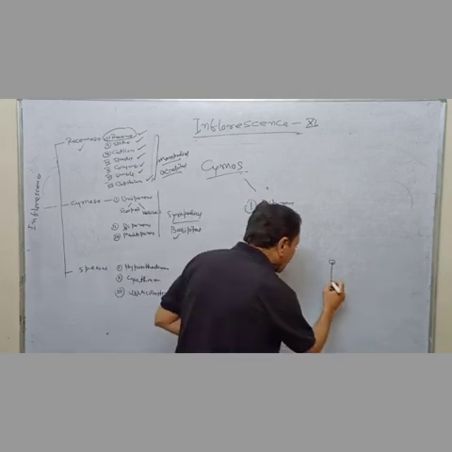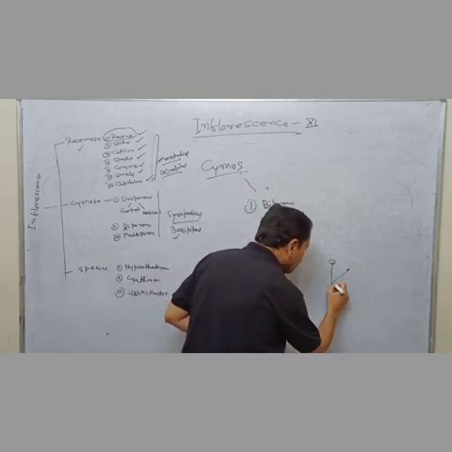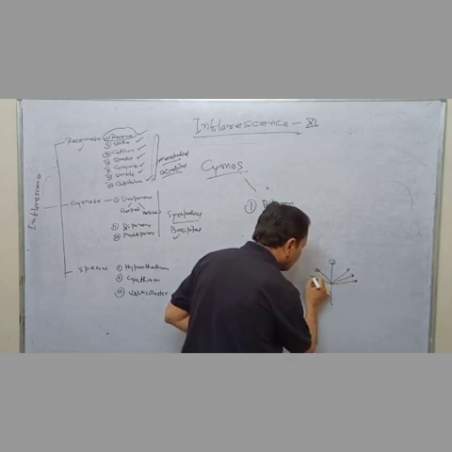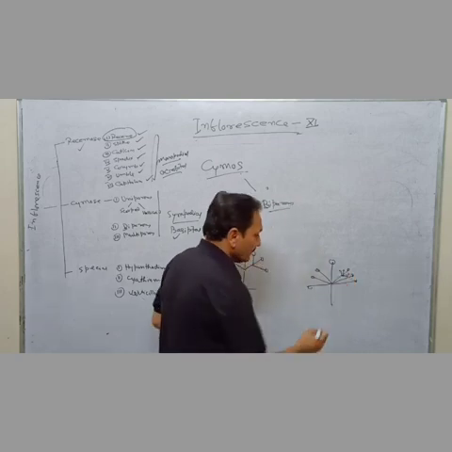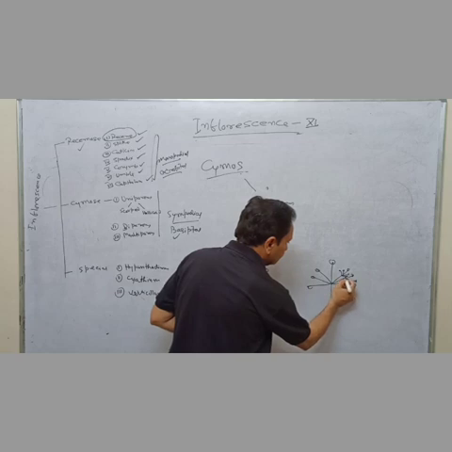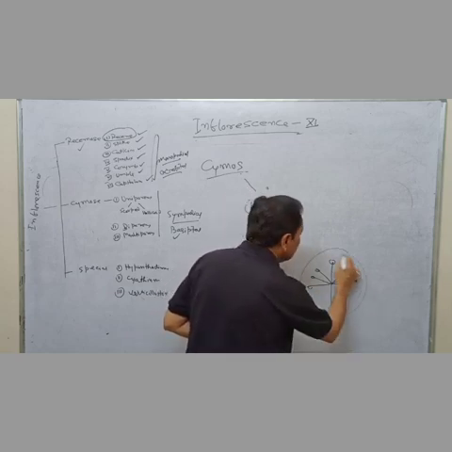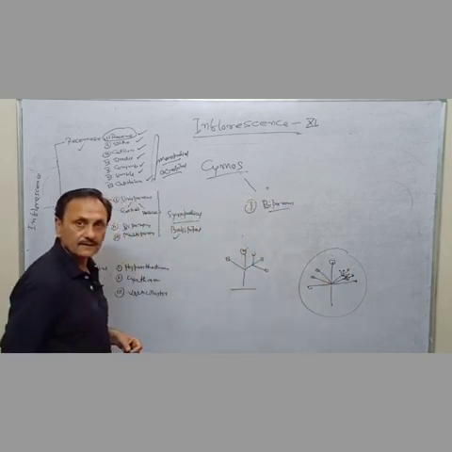And if branching is like this, that is called multiparous or polychasial.